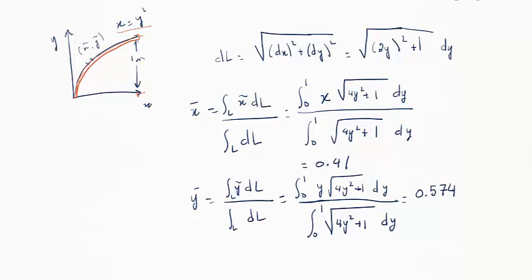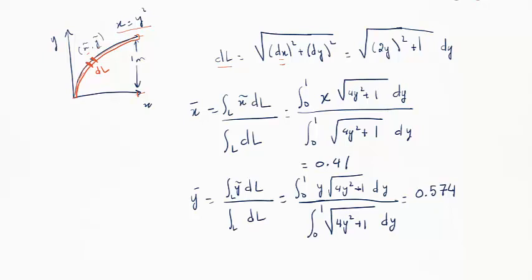Now we need to do the integration. First let's get a chunk, dl, position x, y. Now dl is going to be the square root of dx squared plus dy squared. That's just from the Pythagorean theorem.